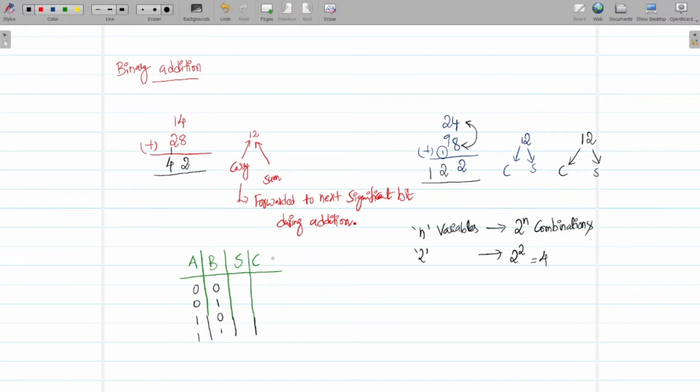For each combination you have a specific output for sum and a specific output for carry. When you add 0 plus 0, sum will be 0, carry will be 0.